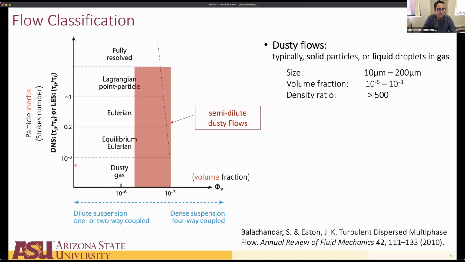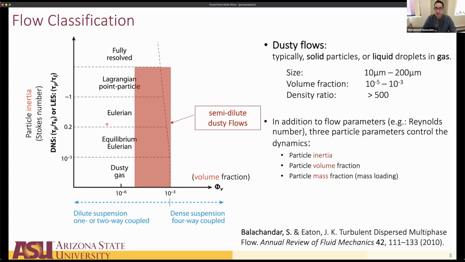Now, this figure is very interesting because we have the volume fraction and the particle inertia on these axes. But I want to say that there is also another dimension to the parameter space, which is the particle mass fraction, also called mass loading. For the semi-dilute dusty flows, the volume fractions are very low, but the mass fractions are comparable, which makes them very interesting and especially challenging to model.